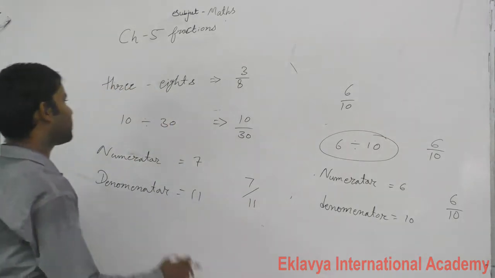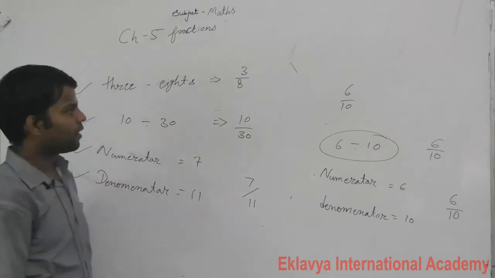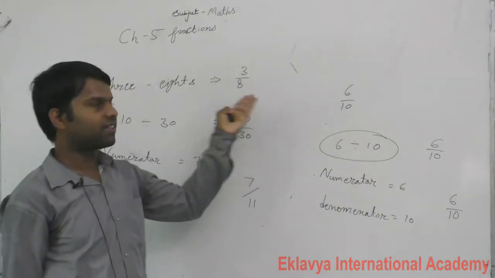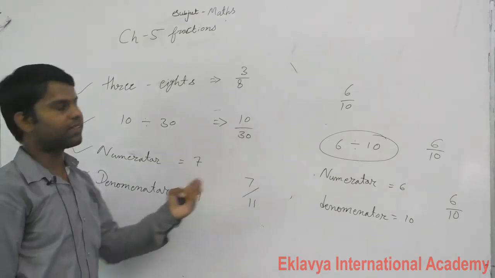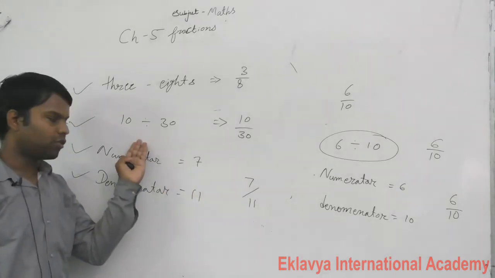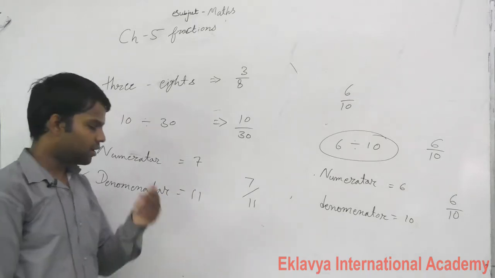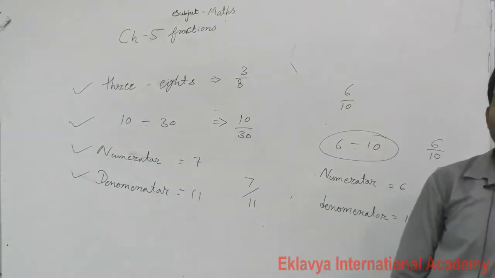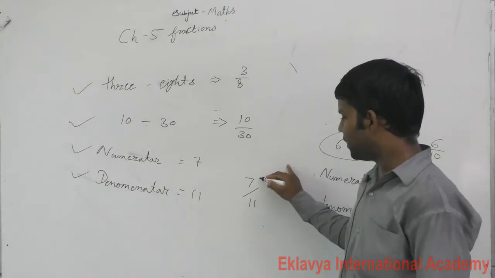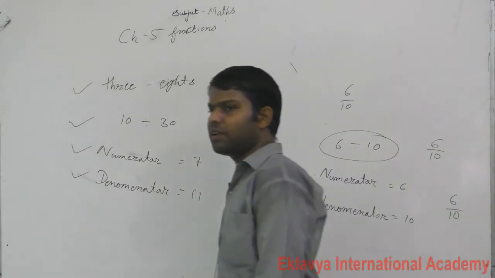So fractions we can write in different forms, like 3 upon 8 is also a fraction, 3 of 8, 10 upon 30 is also a fraction, we can write it in divide form also, and 7 upon 11 also, 7 is numerator and 11 is denominator. So fractions are written in different forms, but here always the upper part is numerator and the lower part is denominator.